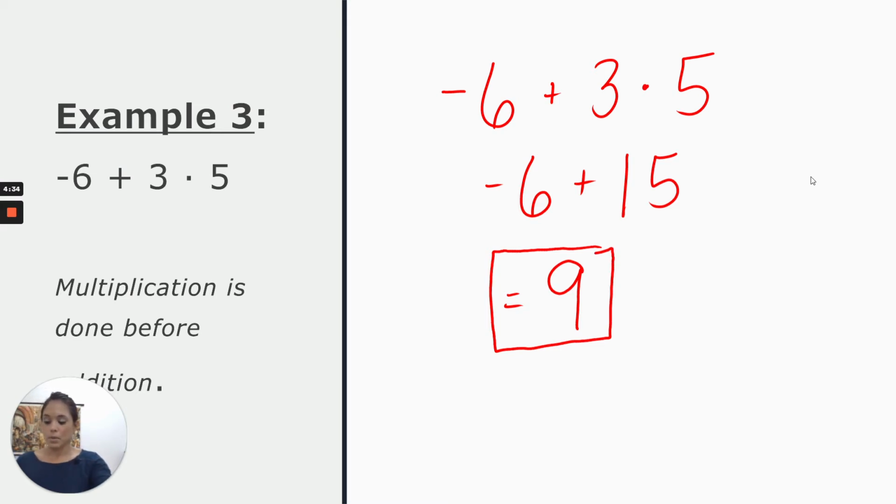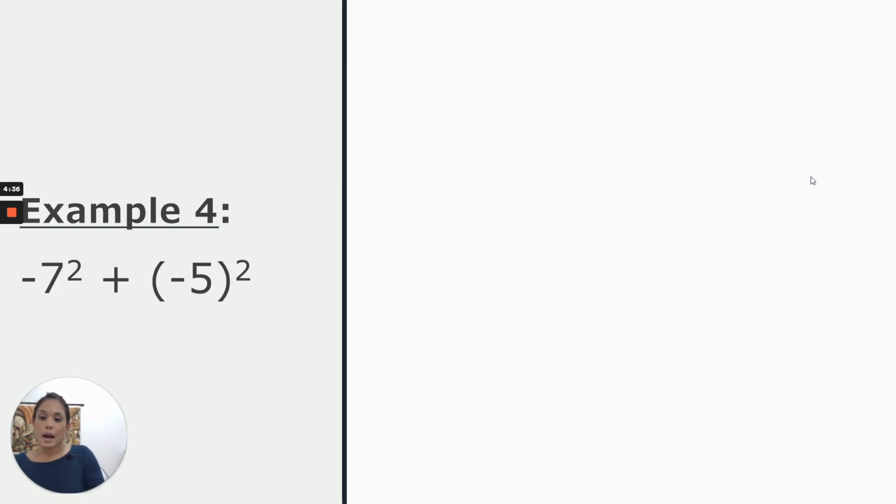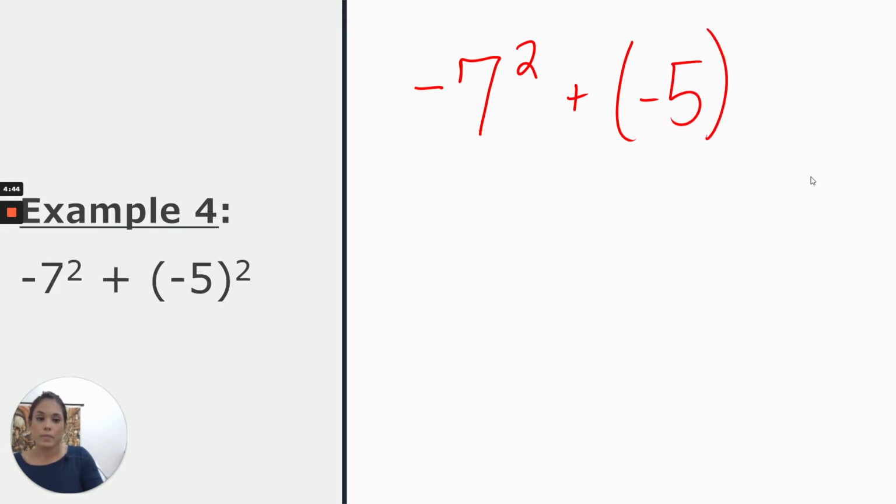Okay, next example. I have -7 squared plus -5 squared. Remember when working with exponents, this one does not have parentheses, so it only applies to the integer. So -7 squared is -49.